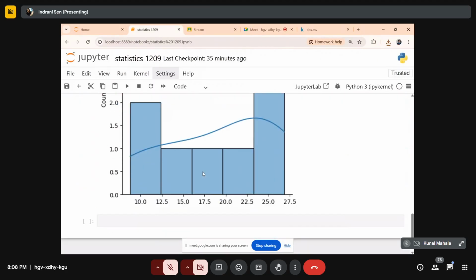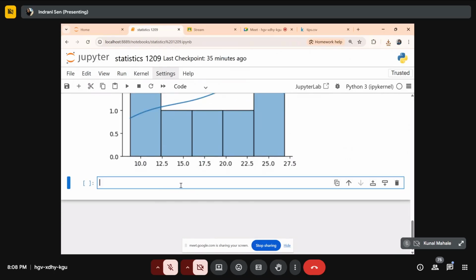So let me do some visualization and see the shape of the data. Generally, we do univariate analysis with this.